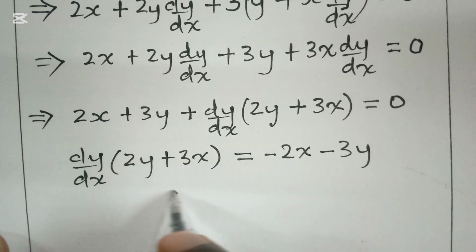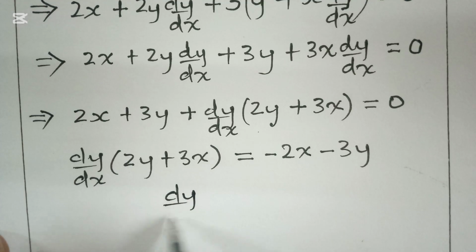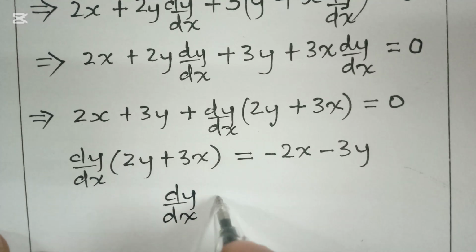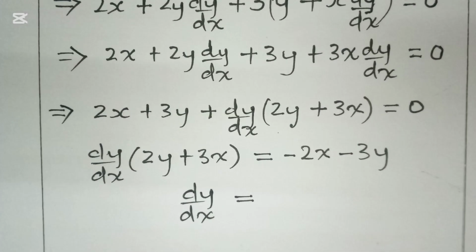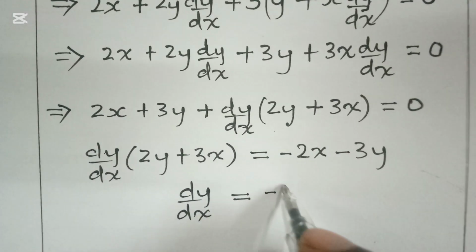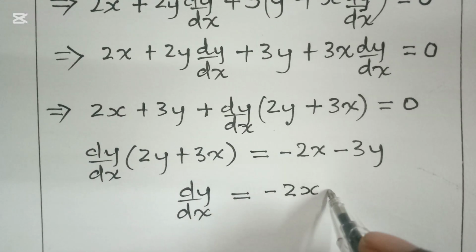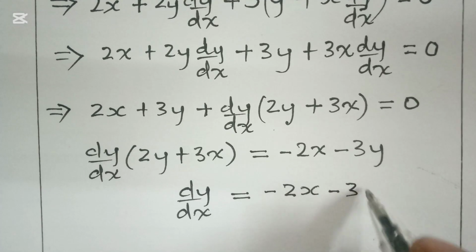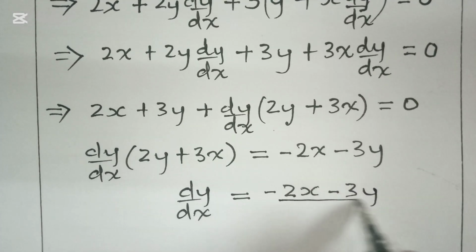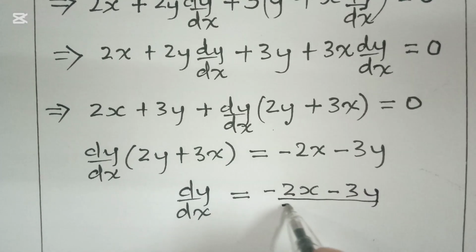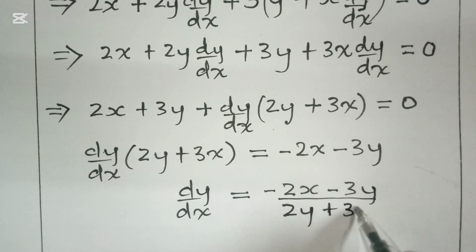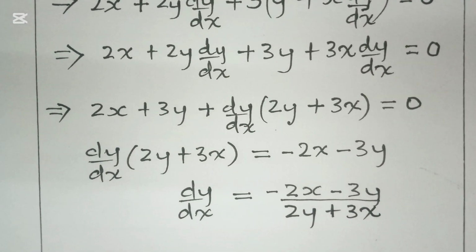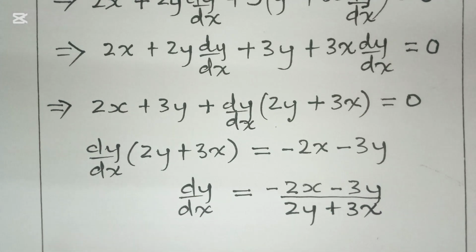So dy/dx will now be equal to negative (2x minus 3y) all over (2y plus 3x).